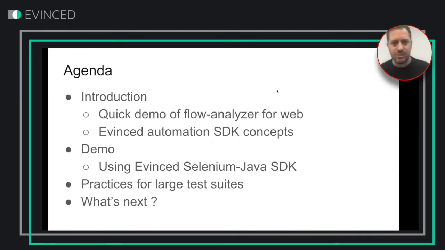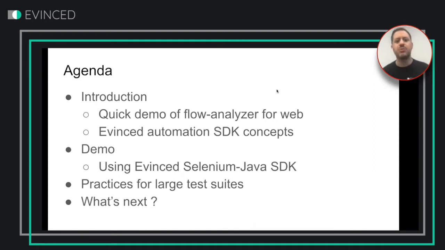So this is the agenda for today. I will start with a quick demo of our Flow Analyzer for web to show you how, when you are doing user flow testing on your website or application, you can leverage it for better accessibility testing coverage. Then I will briefly talk about some of the main concepts that we used when we designed our Evinced automation SDKs to enhance accessibility automation.